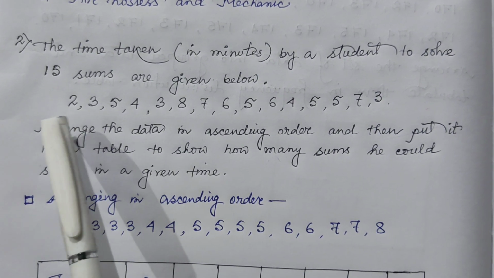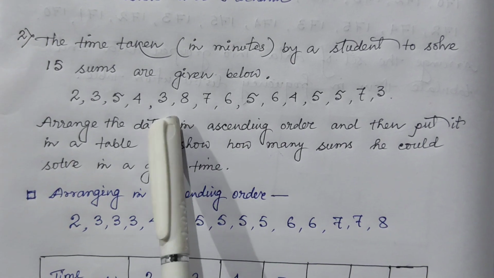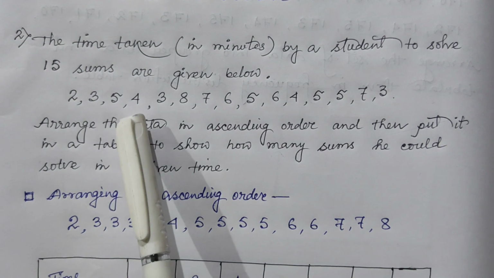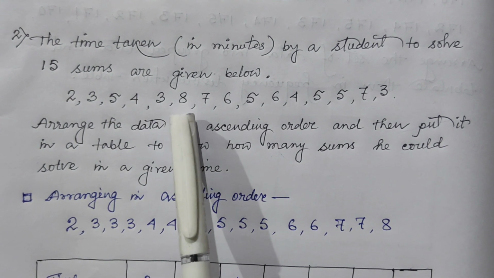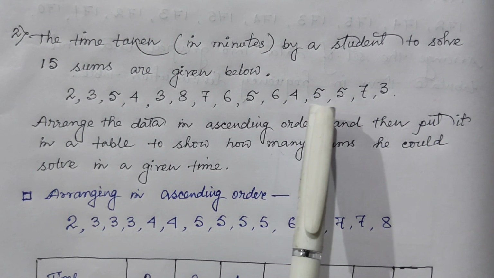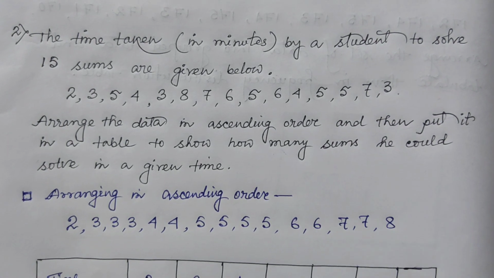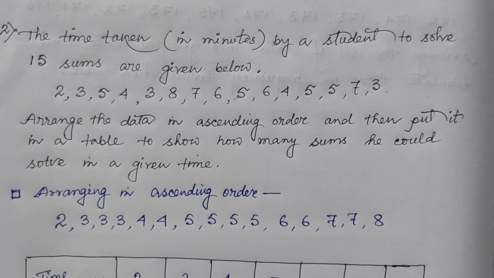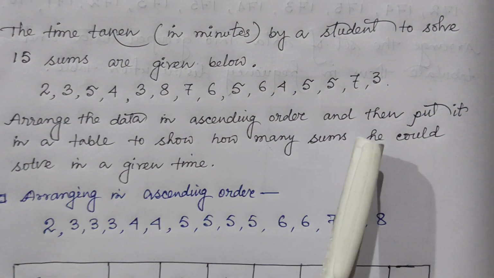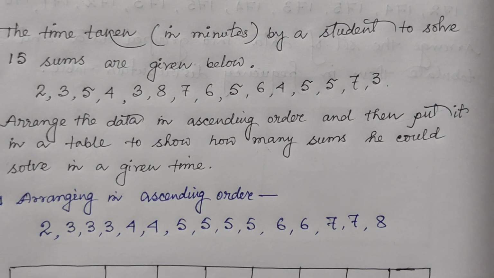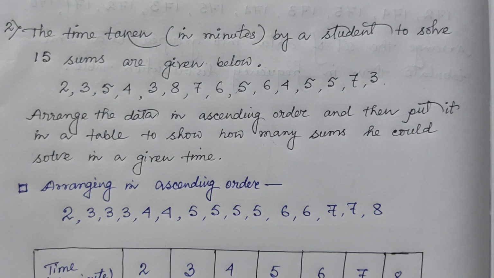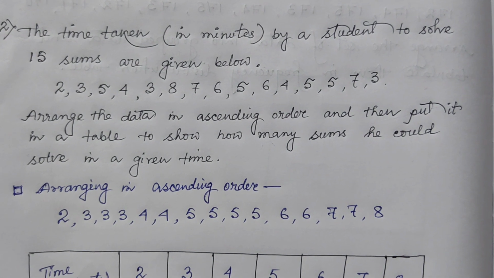You can see the times of 15 sums are given: 2, 3, 5, 4, 3, 8, 7, 6, 5, 6, 4, 5, 5, 7, 3. All are in minutes. Arrange the data in ascending order and then put it in a table to show how many sums he could solve in a given time.